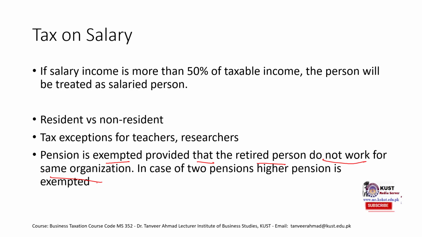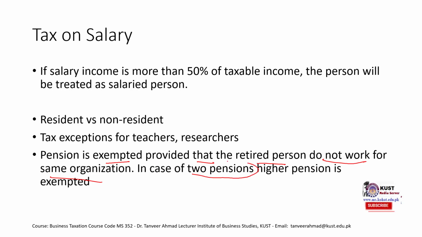Whatever amount of pension he is getting, he would not have to pay tax on that pension, except if he is working for that same organization from where he is getting the pension. If he is working for the same organization, then this amount that he is getting as a pension would be taxable.